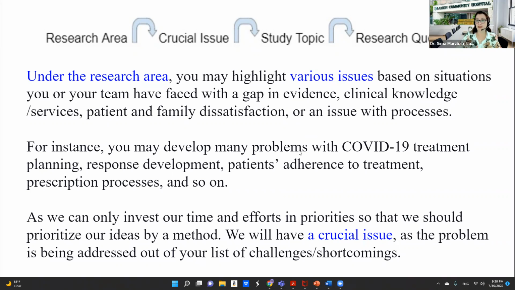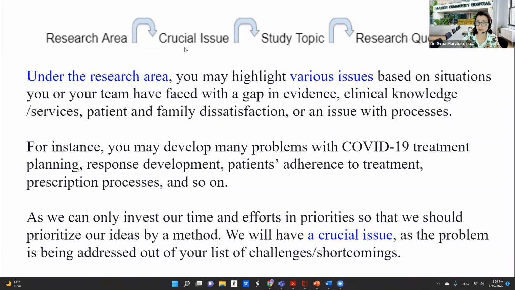You may develop many problems with COVID-19 treatment. Of course, that one was for last year's effort. Again, it could be a potential topic. Response development. So treatment is one of the crucial issues. Planning is a crucial issue under COVID-19.